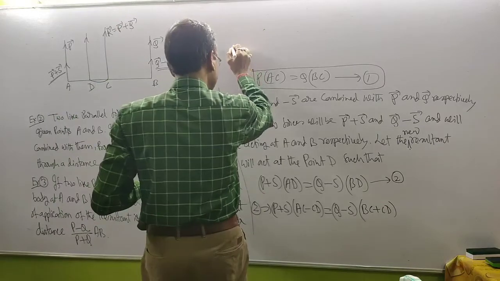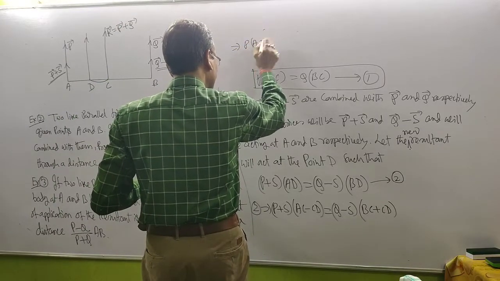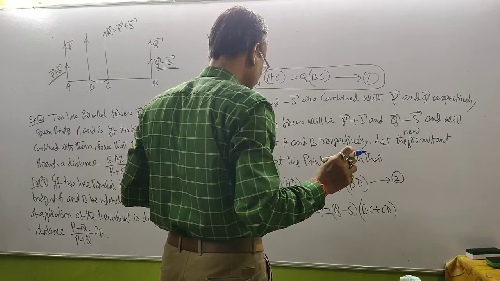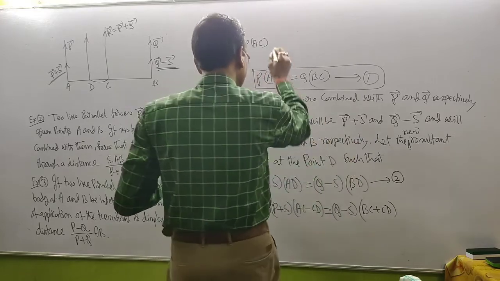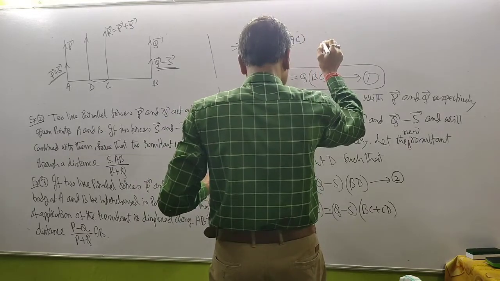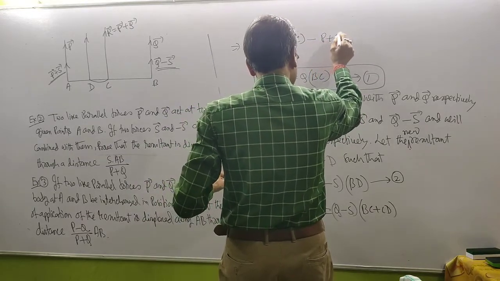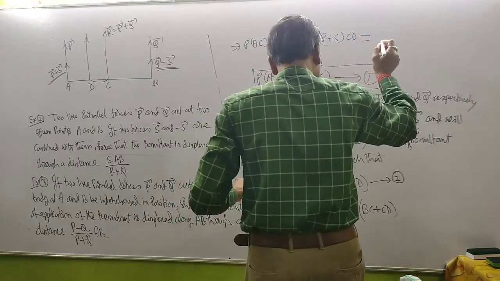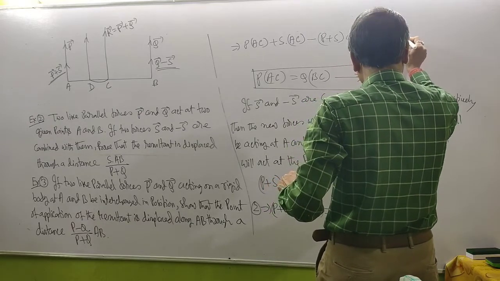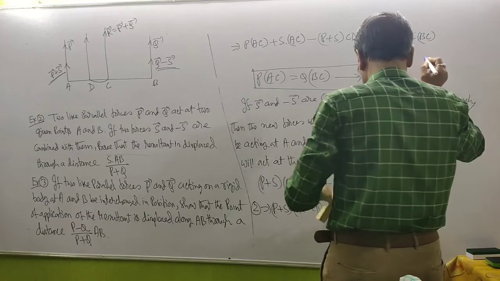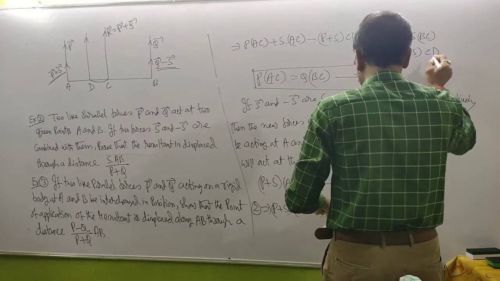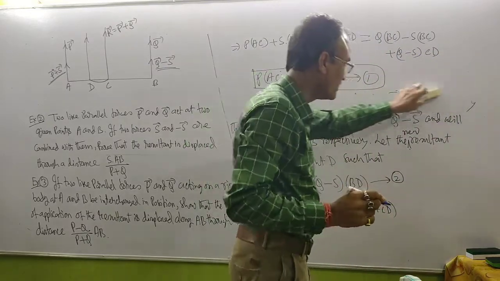P into AC plus S into AC minus P plus S into CD will be equal to Q into BC minus S into BC plus Q minus S into CD.